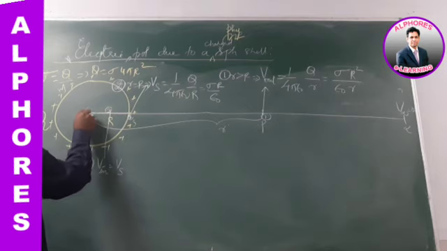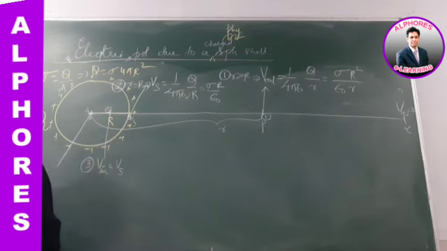Similarly, the fourth point at the center: the potential at the center is the same as the potential inside, and that is the same as the potential on the surface.